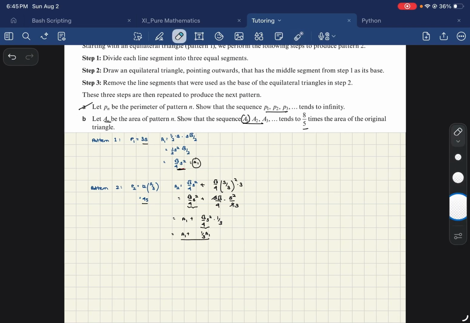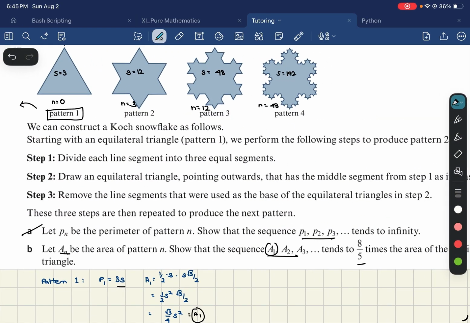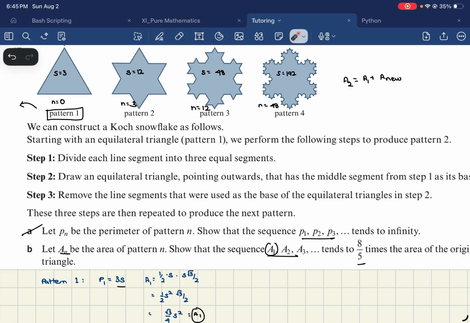All right, now why does this matter? Well, if you think about it, what is A2? A2 is just A1 plus the area of the new triangles.